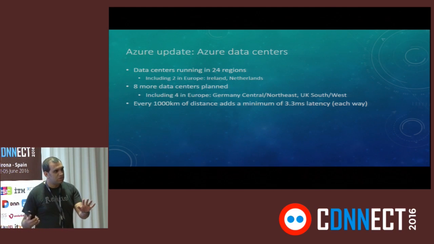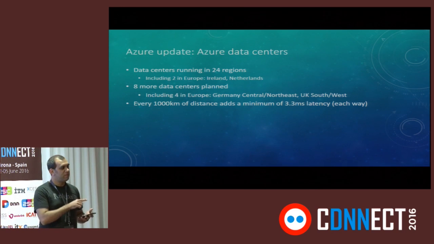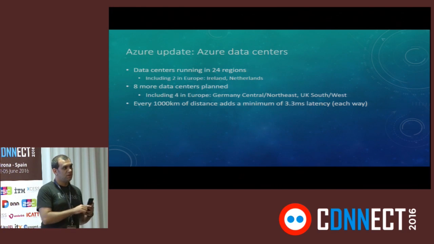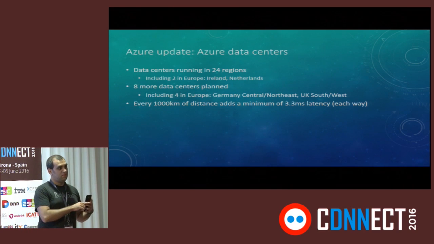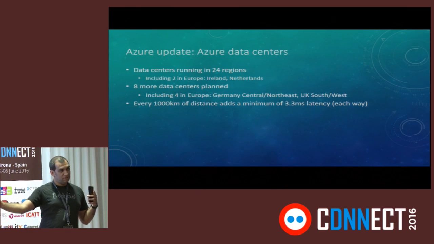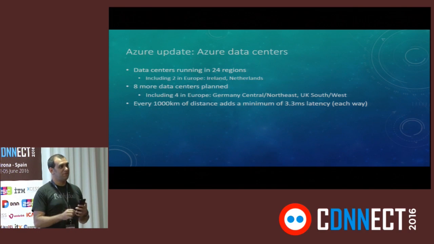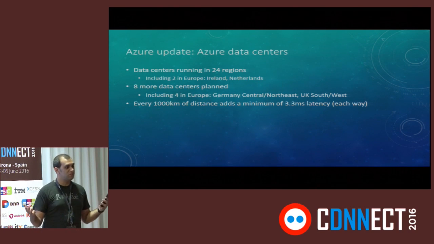That doesn't sound like a whole lot, but that's 3.5 milliseconds either way. So you're talking minimum of 7 milliseconds of time, assuming that everything travels at the speed of light, which is pretty fast, assuming that your customer is in a straight line, and assuming that your application has a 0 millisecond response time and everything is absolutely quick. None of these things are true.